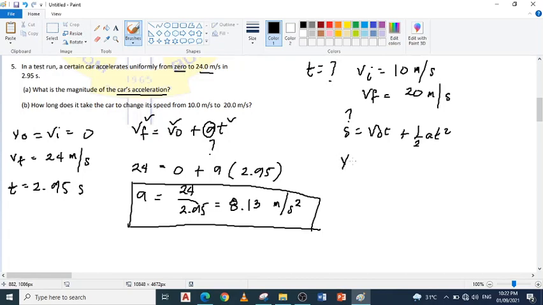If we also use Vf squared equals Vo squared plus 2as, the acceleration is not given, and s is also not given. And the first one, Vf equals Vo plus at, the time and the acceleration are not given. So how can we solve this one?